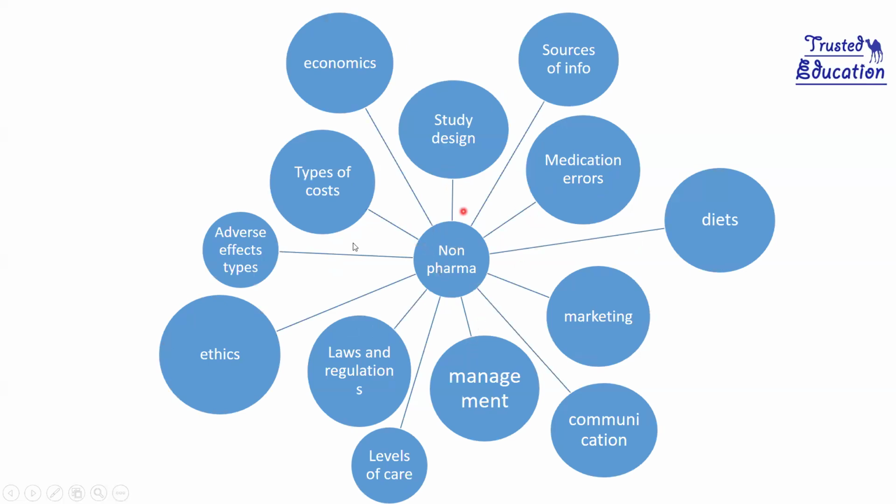Okay, now to the last part of the exam, which is the non-pharma or the administrative science. First of all, we have to know the study design and the types of studies. As we know, we have a retrospective study and we have a prospective study.